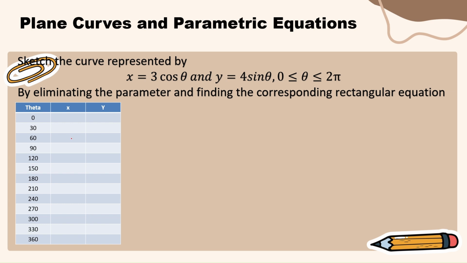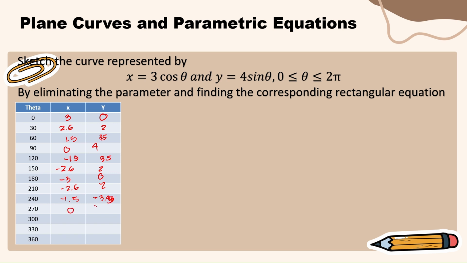So, sulat lang natin, this would be 3, then y is 0, then 2.6, ni-round ko na lang, then 2, 1.5, then 3.5, 0 and 4, wait lang, so this is negative 1.5, then 3.5, negative 2.6 pala, 2, then negative 3 and 0, negative 2.6 and negative 2, 240, negative 1.5 and negative 3.46 or 45.